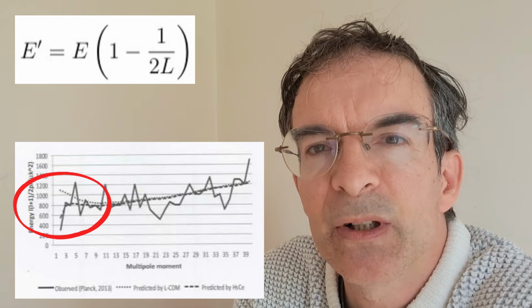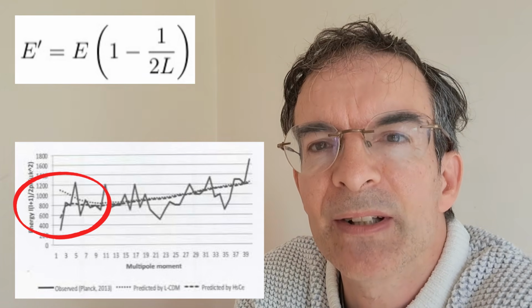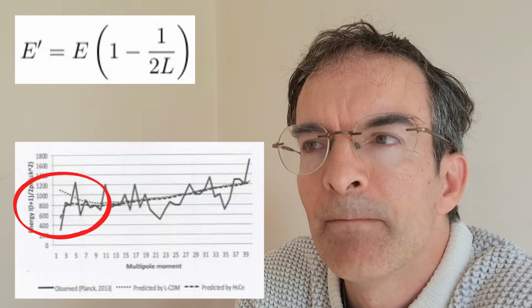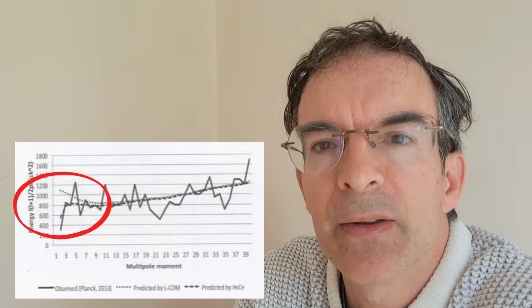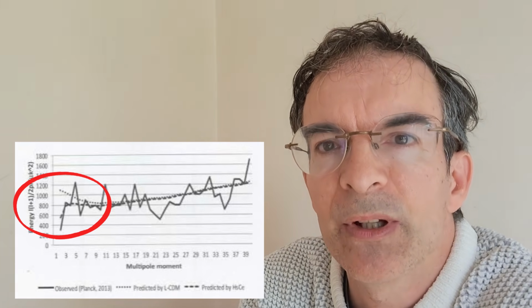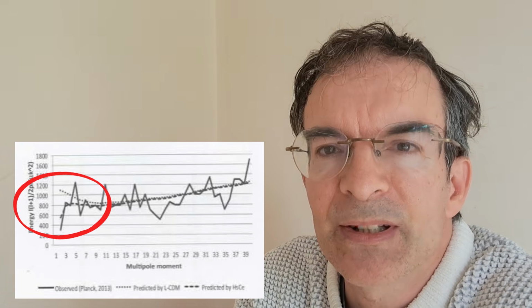Now, lambda CDM is shown by the dotted line, and you can see that especially on the far left, it overestimates the intensity quite dramatically. And then when you apply quantized inertia, you get the dashed line, which is far more in line with the data.